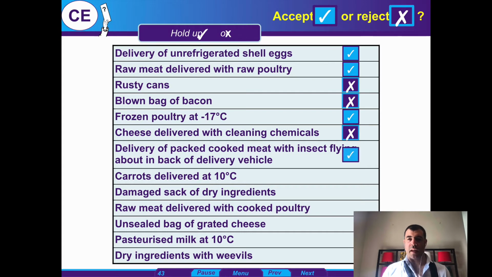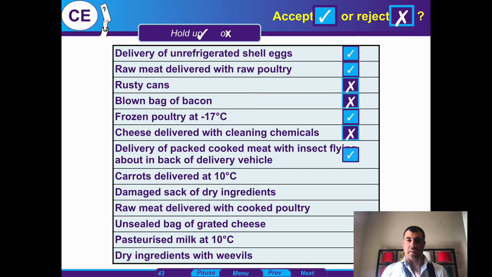So you would accept. Just imagine the scenario where you have to isolate the whole area to prevent flies from accessing the delivery vehicle. It's obviously not possible. So unless you notice an excessive amount of flies coming from the delivery vehicle, this is definitely accept. You can't prevent the flies from going around.